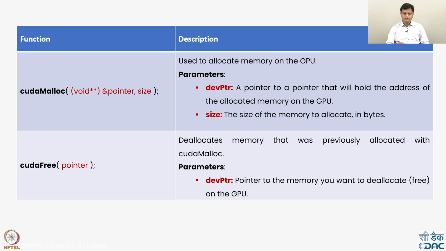Here you can see the same thing explained in more detail. cudaMalloc is used to allocate memory on the GPU, and the parameters we pass are the pointer and the size. Similarly, if you want to free, we provide the device pointer, meaning which location of the memory is to be released.